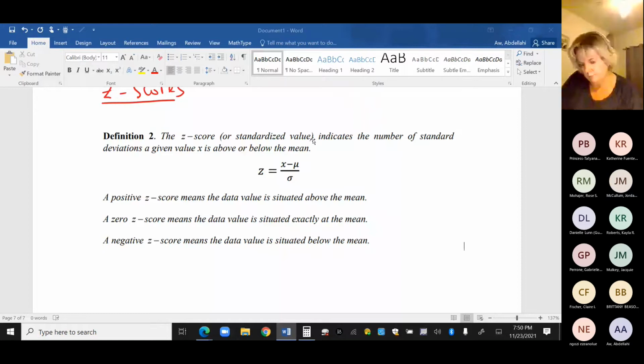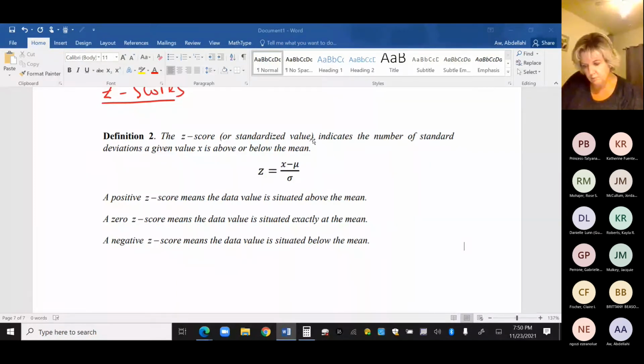How many deviations you are above or below the mean? This will help us understand whether that data is good data. A positive Z-score means the data value is above the mean. A negative Z-score means the data value is below the mean. A zero Z-score means the data value is exactly at the mean.